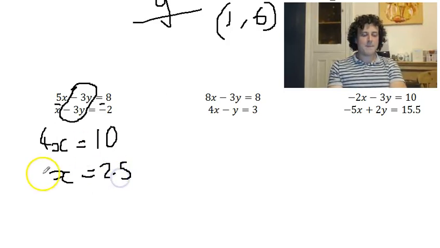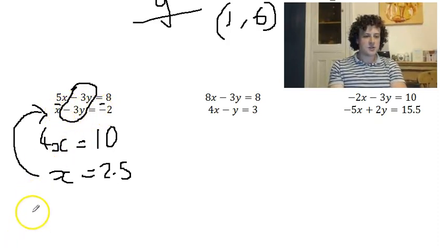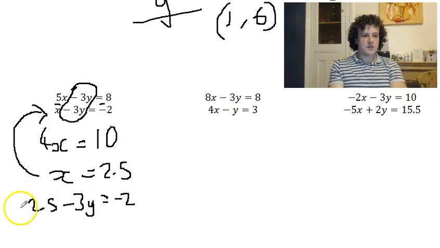And if we put that back in, I'm going to put it into the easier one, and we're going to get 2.5 minus something is minus 2. So 2.5 minus 3y equals minus 2. This is positive 2.5, so let's take it away, so we get minus 3y is minus 4.5.